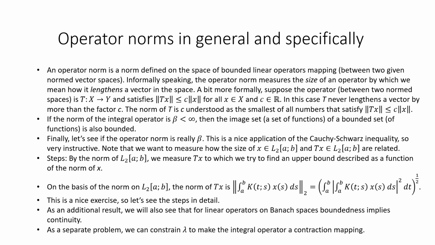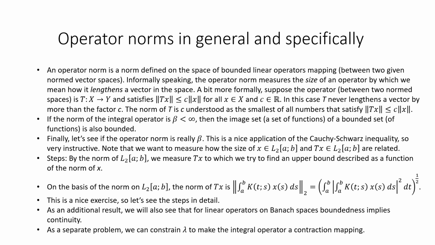The proof is a nice application of the Cauchy-Schwarz inequality, the importance of which can hardly be overstated. So let's take the opportunity to practice the application of the Cauchy-Schwarz inequality.